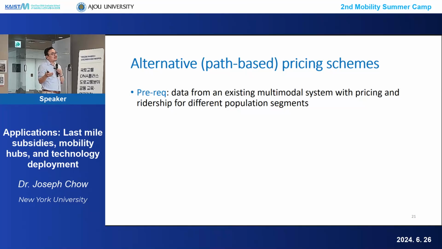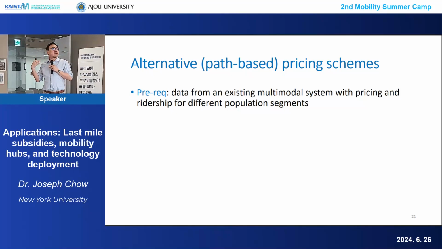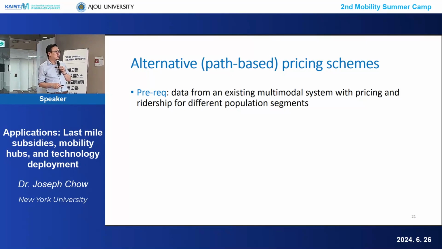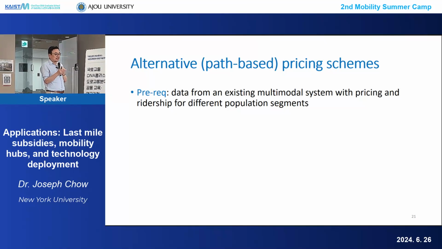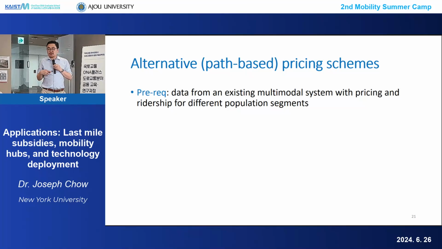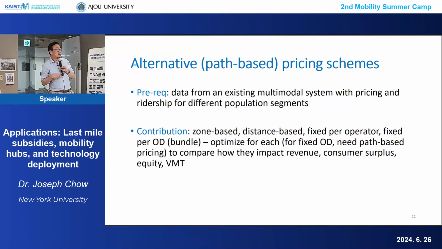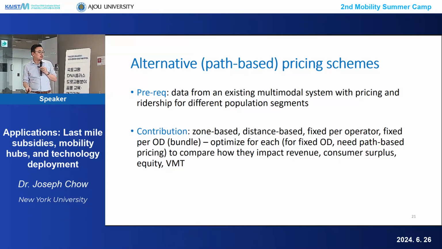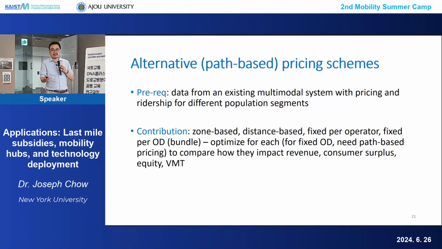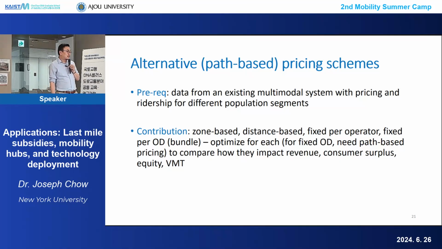Alternative pricing schemes. This is related to what I mentioned earlier. We can explore other pricing schemes. If you have data from an existing multimodal system with certain pricing schemes already and ridership for different population segments, you can then propose other types: zone-based, distance-based, fixed per operator or fixed per OD at a bundle level, and then optimize that and find what's stable, what works under a multimodal setting.